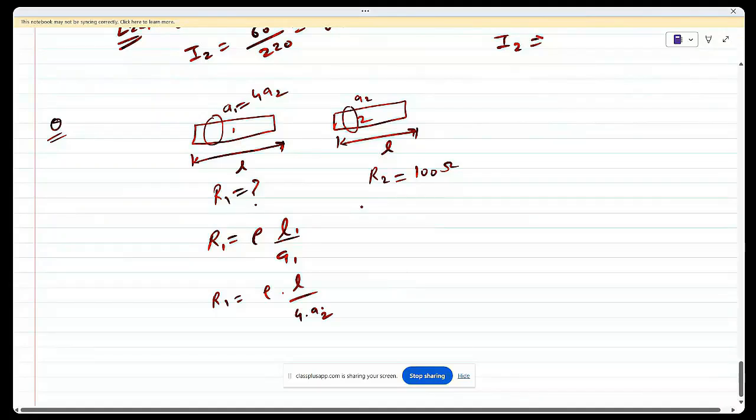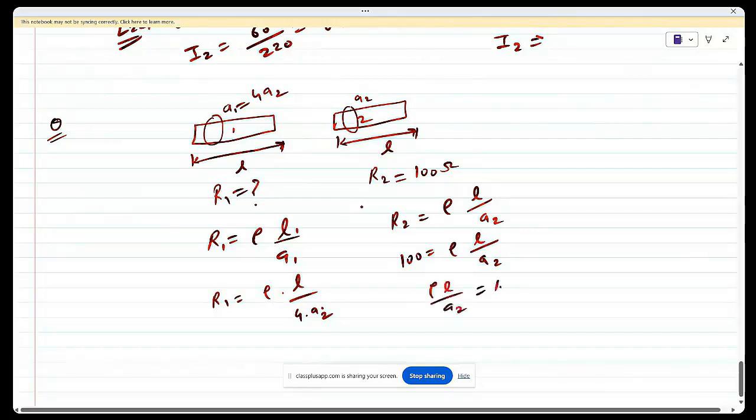Okay, now write this R2. R2 is equal to rho L upon A2. So here you can put the value of R2. R2 is equal to 100, which is rho L upon A2. Now check here for R1.